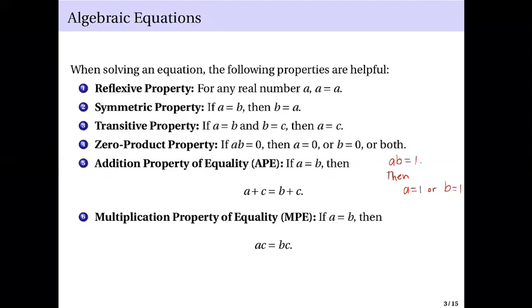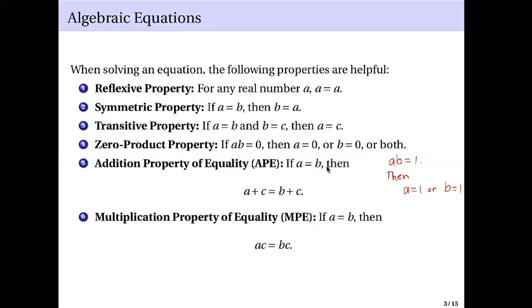It's like they are saying there are no other pairs that will give AB equals 1 but these two.